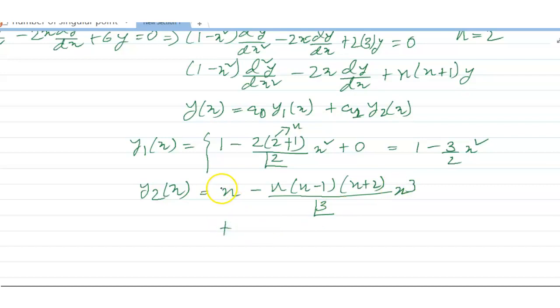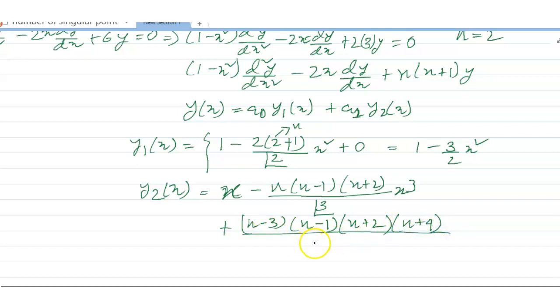plus (n minus 3)(n minus 1)(n plus 2)(n plus 4)/5 factorial times x to the power 5, because I have written the formula, up to infinity.